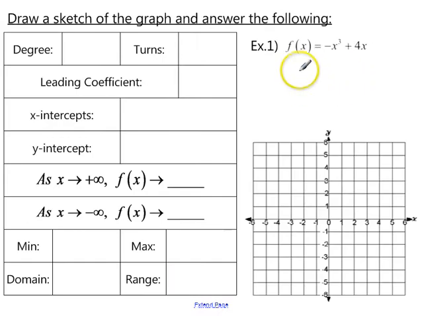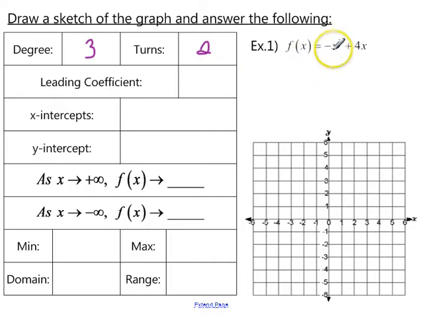Now here we want to work out this example where you're given a polynomial function and you want to draw a sketch of the graph and answer the following. So let's go ahead and answer the information in our chart that we can get just from looking at our function. The degree is the highest exponent, which is going to be 3. The maximum number of turns is always the degree minus 1, which gives us 2.